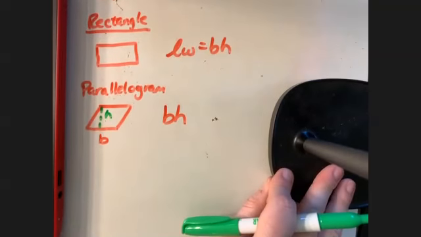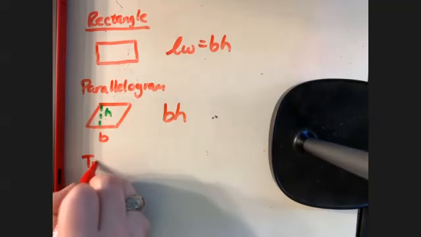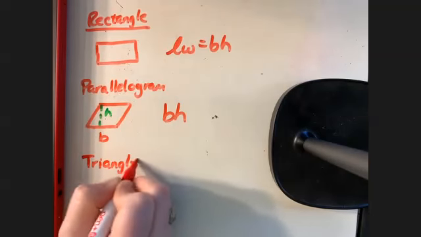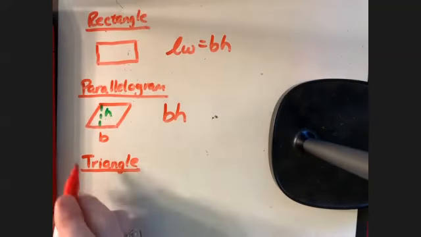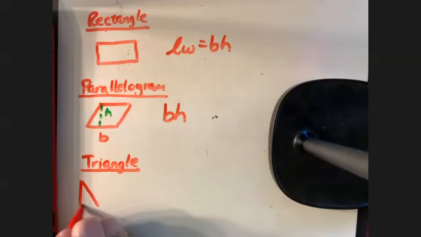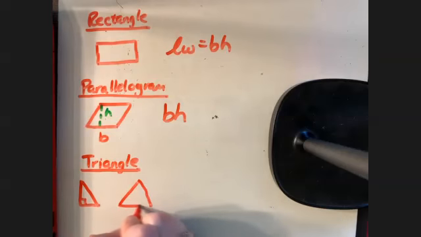Now, next shape that you may have used is a triangle. Okay. Now, with the triangle, you may have opted to use a right triangle like this. That's fine. Or you may have opted to use an equilateral triangle where all the sides are the same.